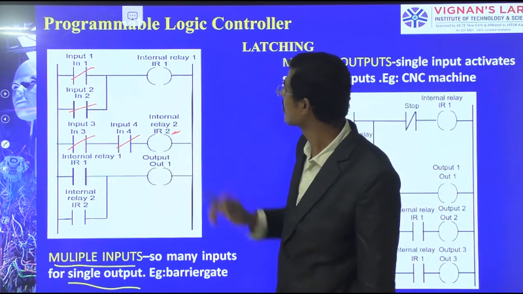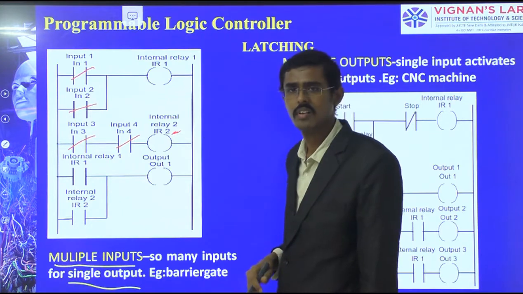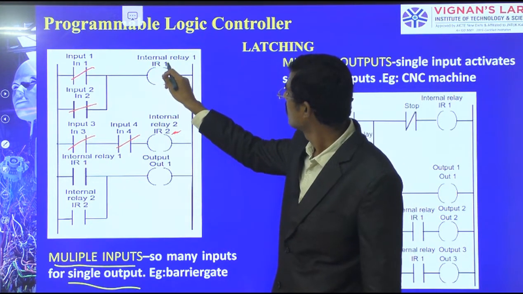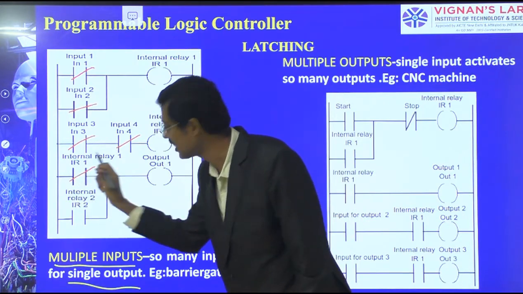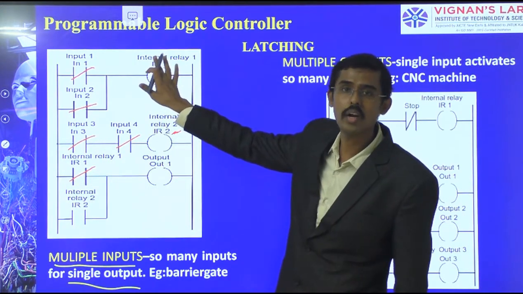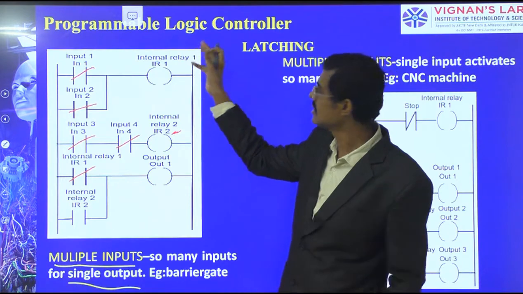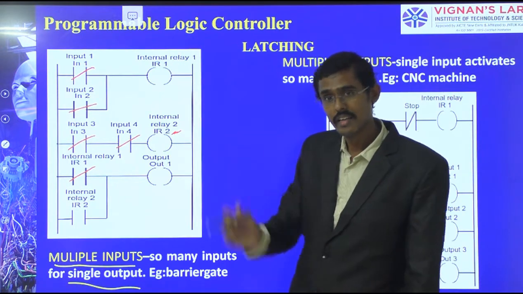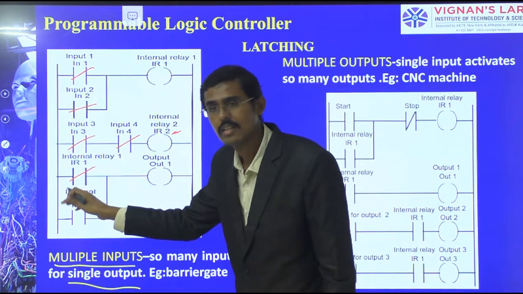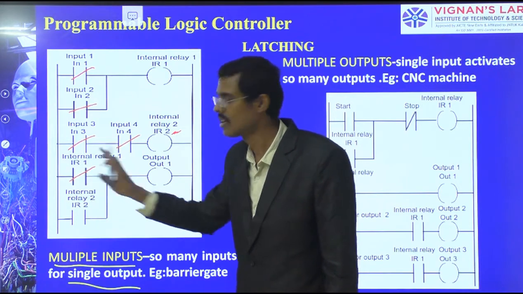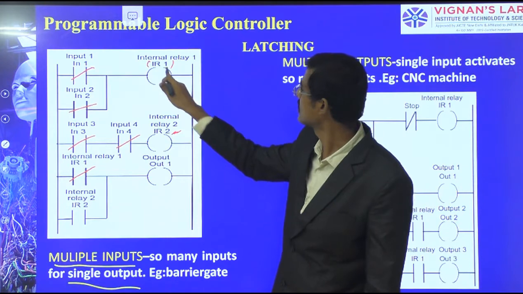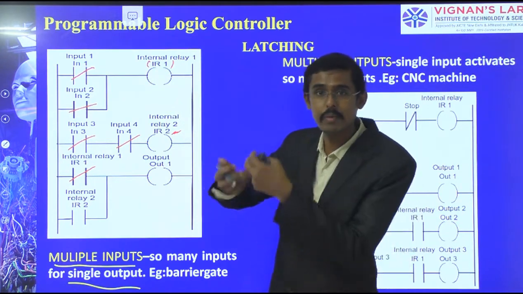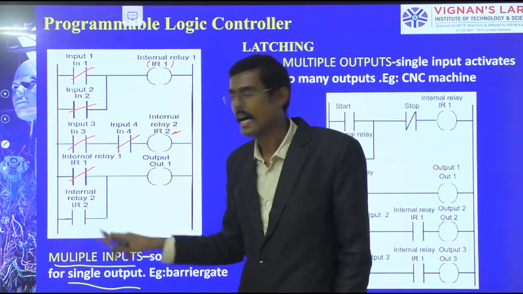Now I am connecting the internal relay. This output 1 I have taken as a make contact here. When this output 1 has been activated, this activation will again activate the third rung, relay coil 1, which I have mentioned as IR1. The same IR1 I have taken with multiple connections from there to here.